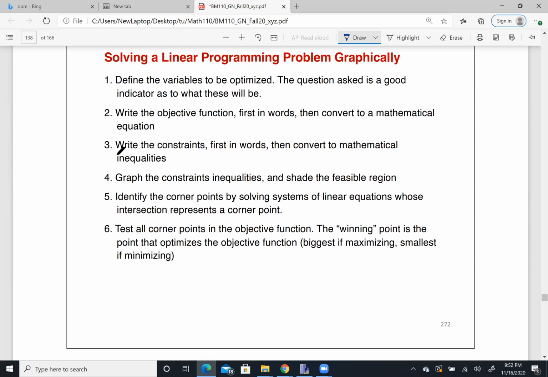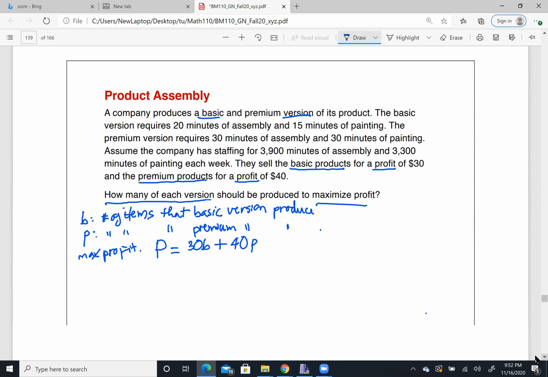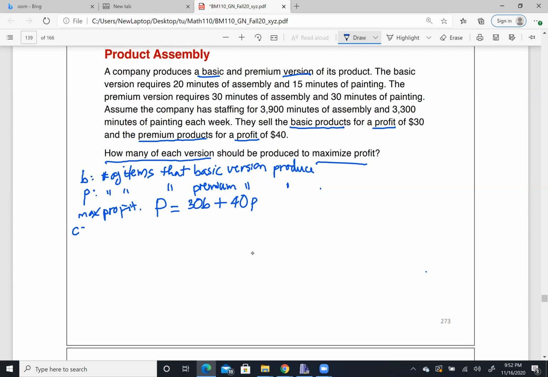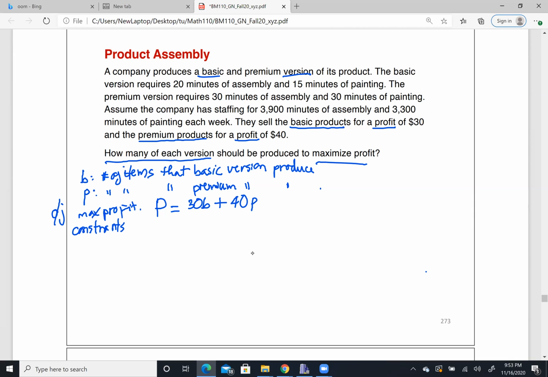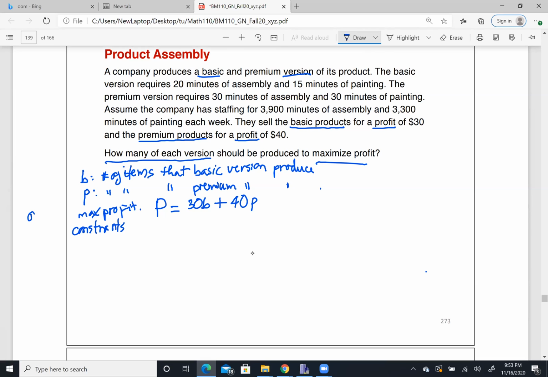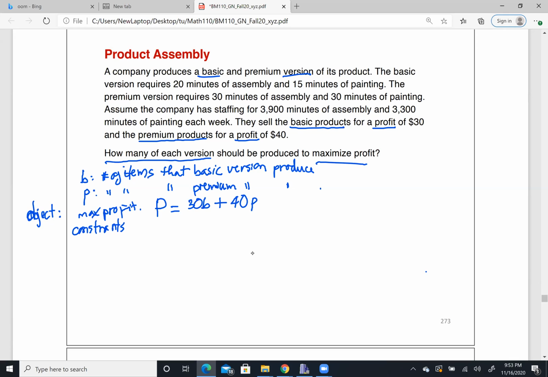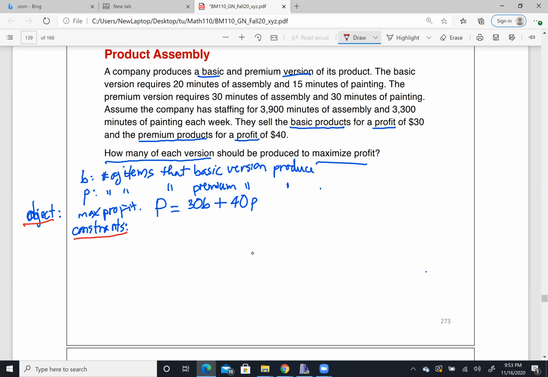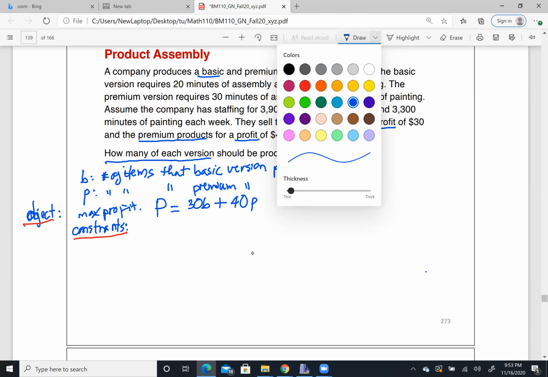Okay, so we want to write the constraints first in words, then convert to the mathematical inequalities. So now we need to do the constraints.